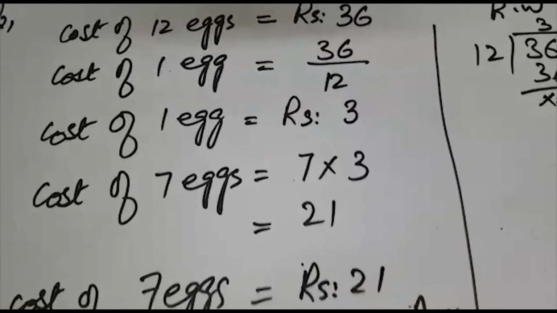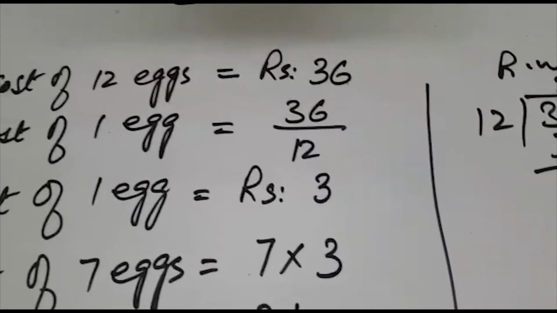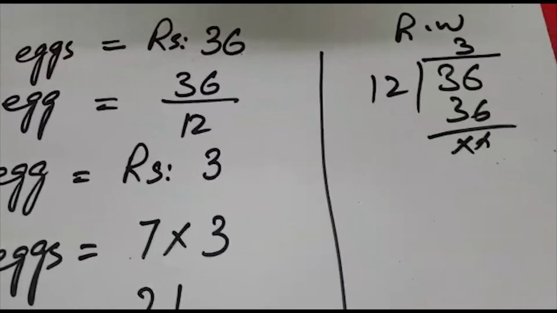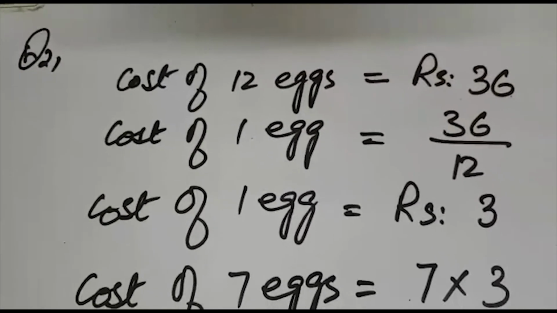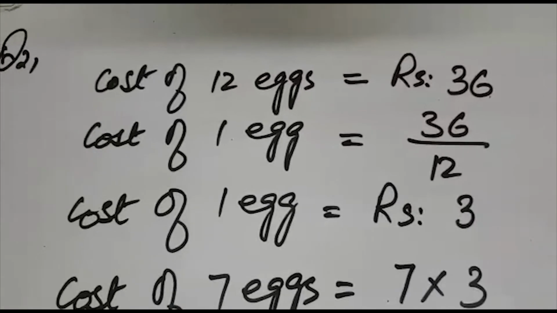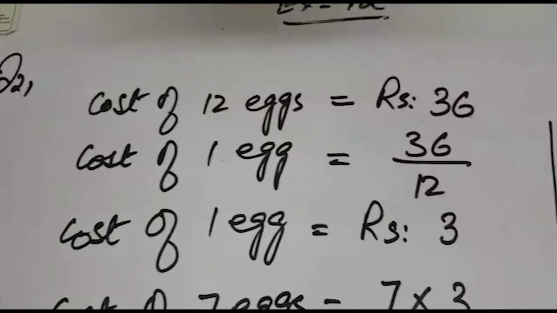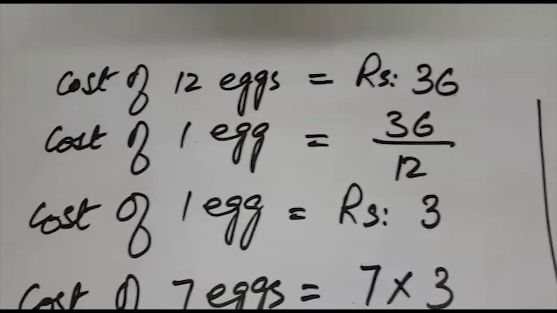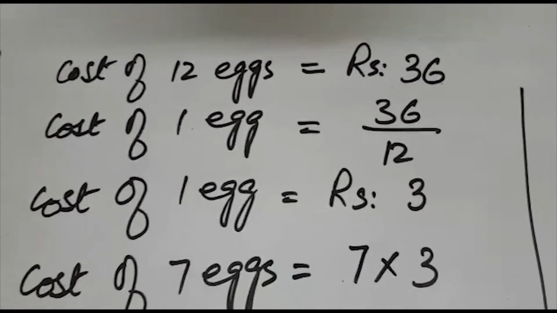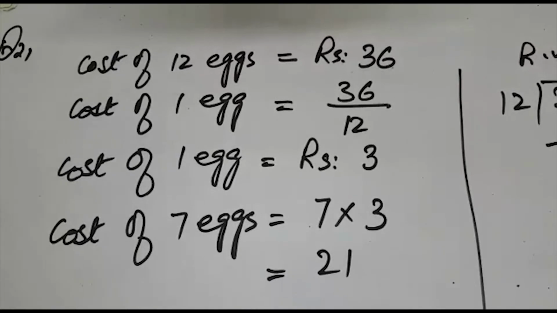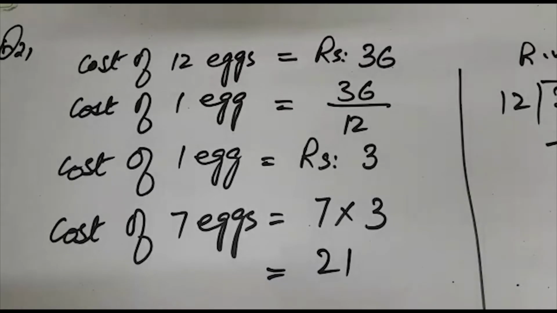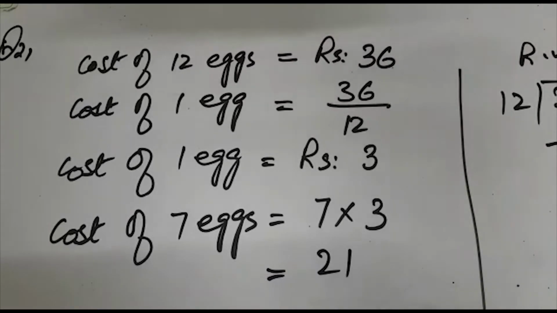So by unitary method you use the technique of writing down the sentences. You make statements like cost of 12 eggs is 36, which is given. Cost of 1 egg is 36 divided by 12, which is 3. So you can find out the cost for any number. So you did it for 7 eggs, which is rupees 21.